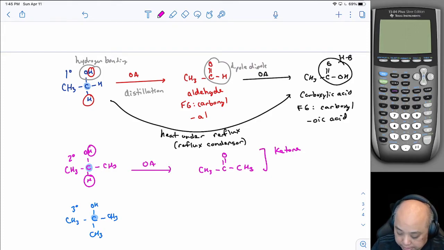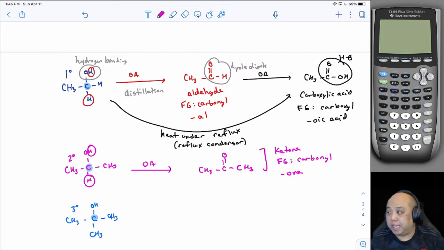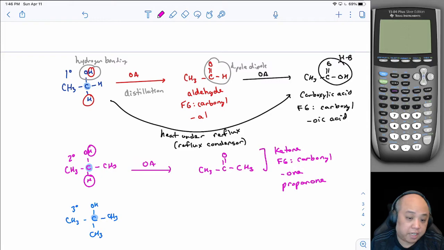Okay? And this ketone has a functional group of a carbonyl as well. And this one ends in -one. In this case specifically, this would be propanone. Notice I don't put the number here because with propanone, there's only one possible place it could be, because any other carbon it would be on is an aldehyde. So they choose not to write the number in there because it's redundant.